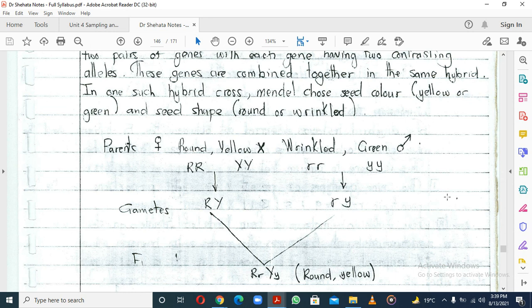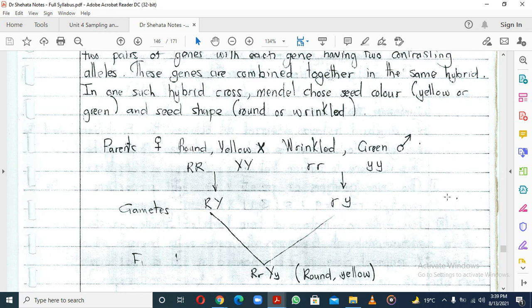When it's homozygous recessive. So for something to be wrinkled, it has to be homozygous recessive, because the recessive alleles can only produce a phenotype in the homozygous recessive state.